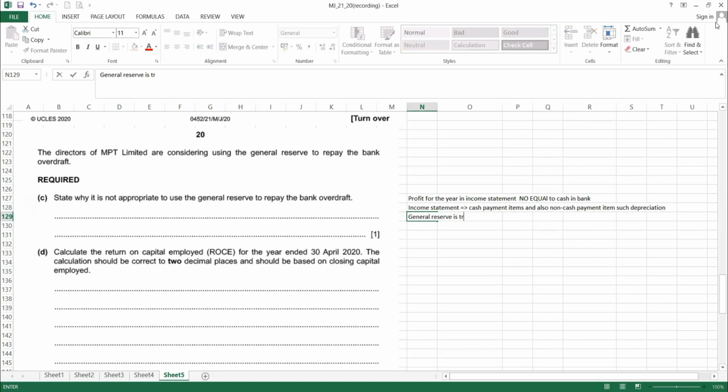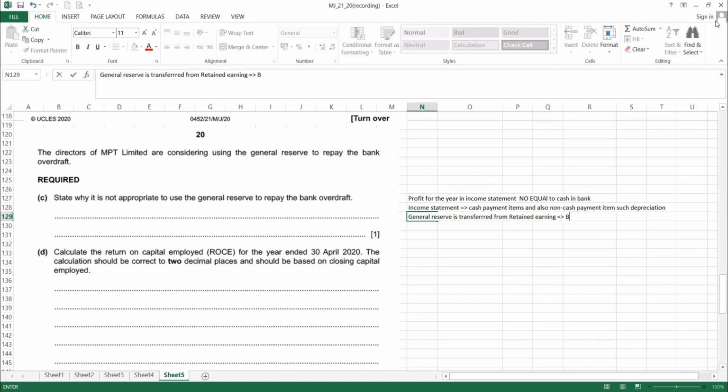is transferred from the retained earnings, it means that it will have the same problem.